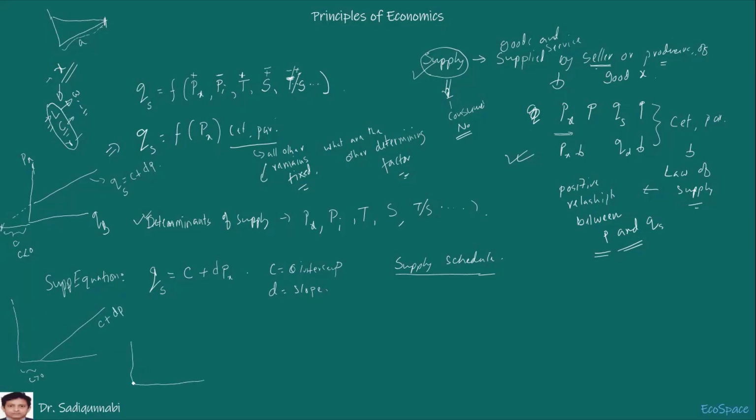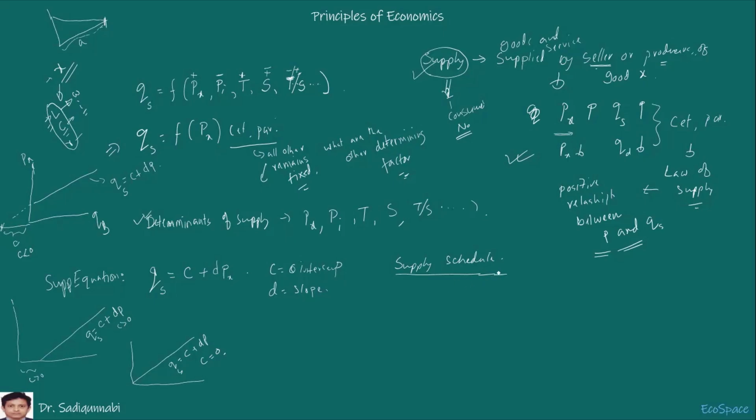The curve will be passing through the origin. So here C is positive, here C is negative, and here C is equal to 0. So we have got three shapes of supply curve.